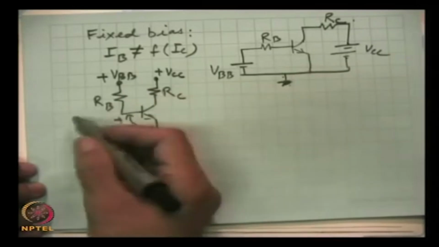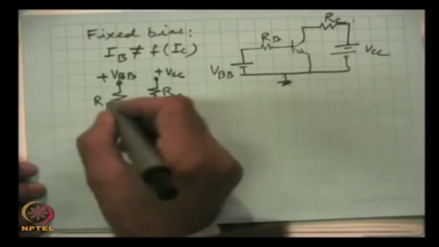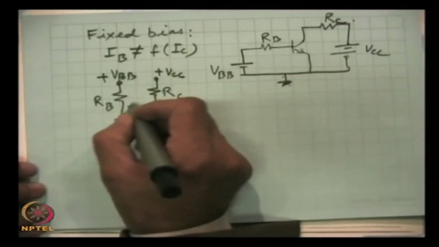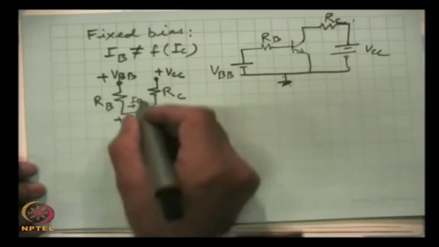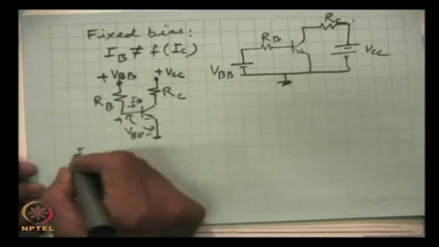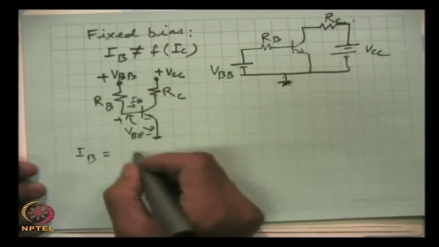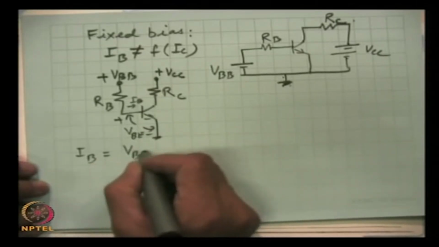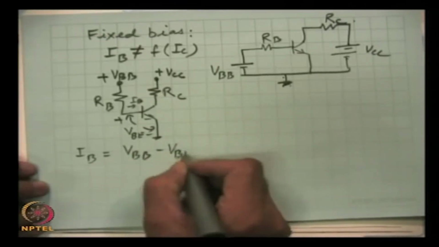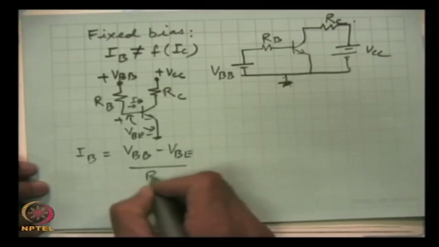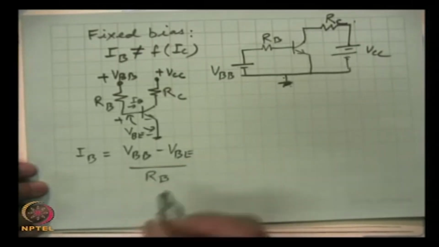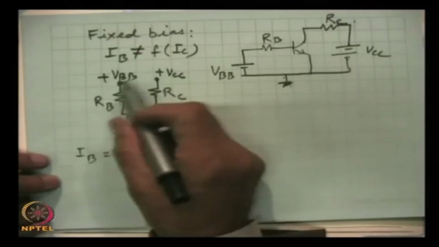As it is here, we can write that IB, the current which will be flowing in this circuit, is VBB minus VBE divided by RB. This will be, but again we further modify.